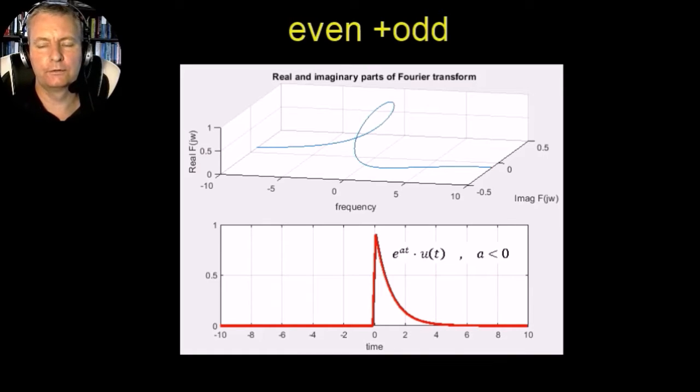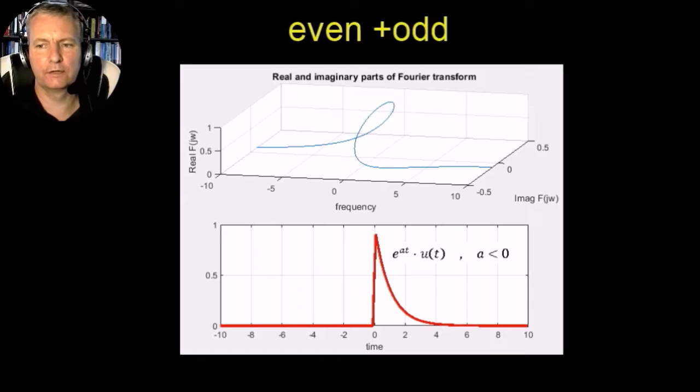So if we've done this right, when we add both of these up, we'll have the Fourier transform here, and it should have the real even part and the imaginary odd part worked into this strange little shape here.